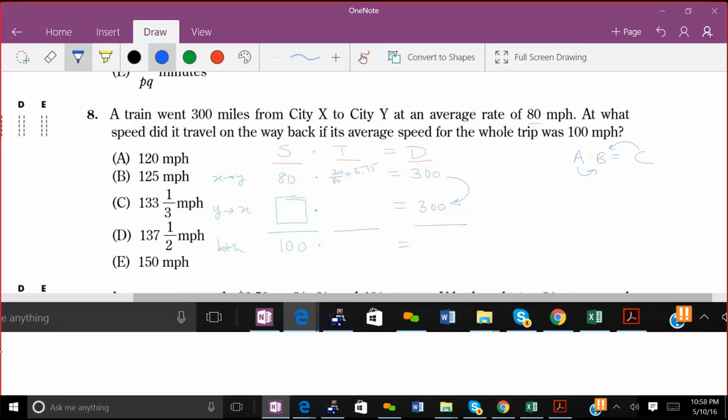What's the travel on its way back? So speed is what we're looking for. You know the total is going to be 600. What else do you know?